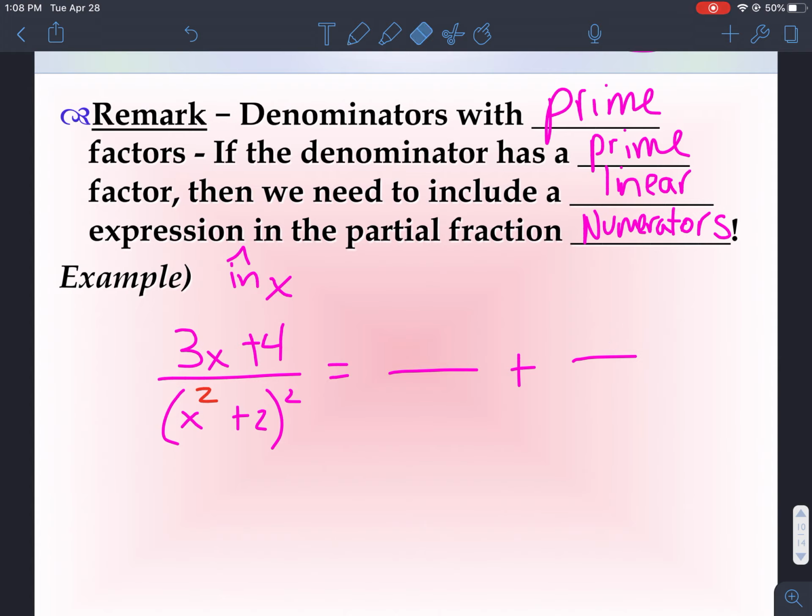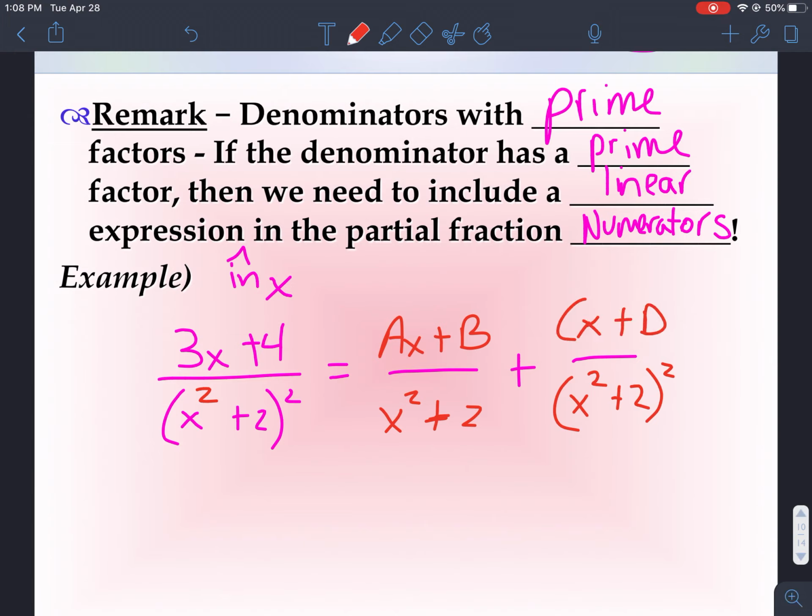And that's going to change our numerator to Ax plus B. And that right there is our linear expression in x. And then, because of the multiplicity in this particular example, we need another linear expression, so I would just use different letters. Cx plus D. Okay, and that's how we're going to have to solve the problem.